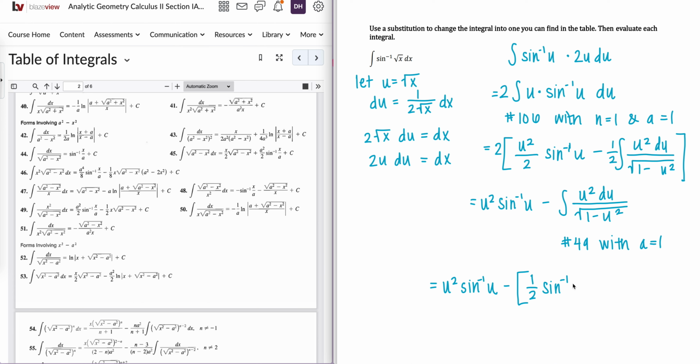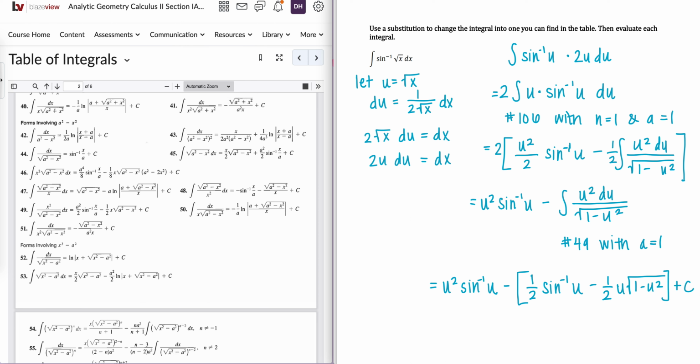So that's just going to be a u. Then minus 1/2 times u times the square root of a squared, so that's going to be 1 minus u squared, and then the whole thing plus c.